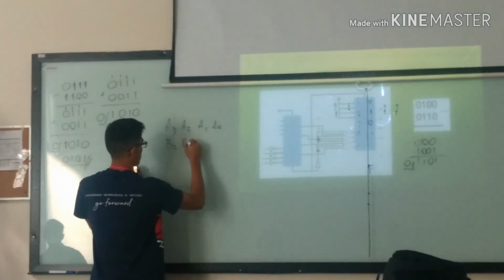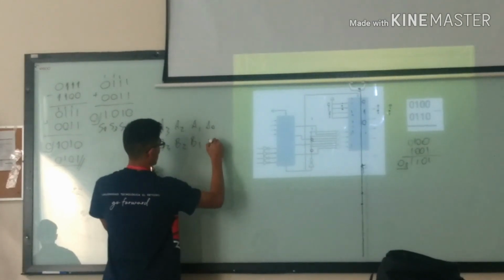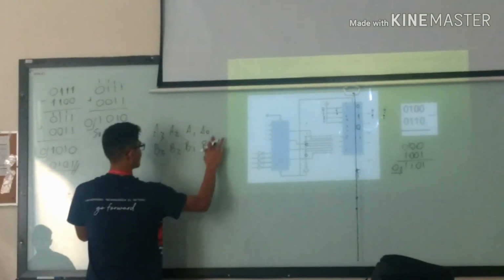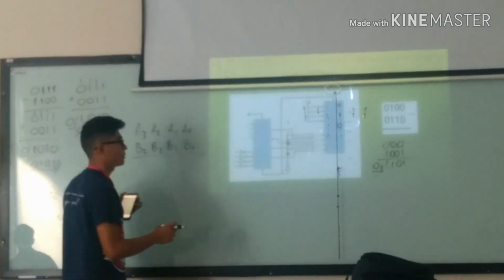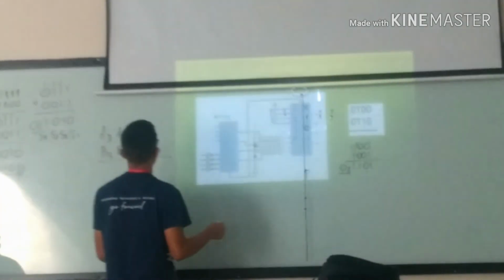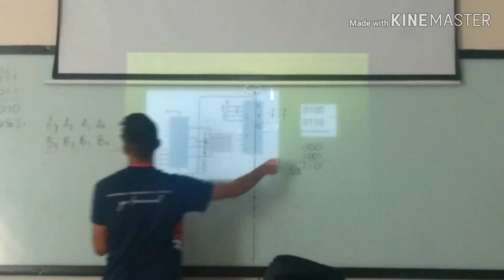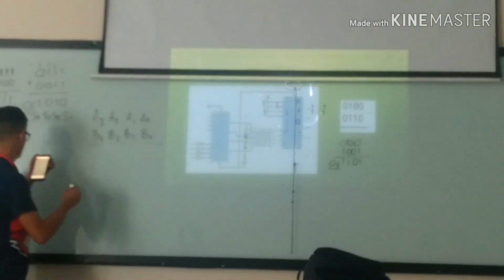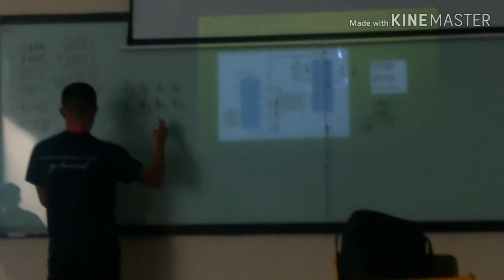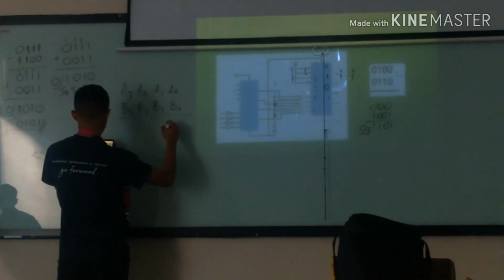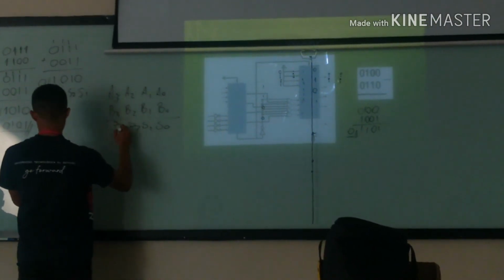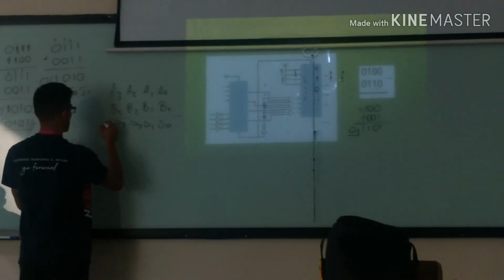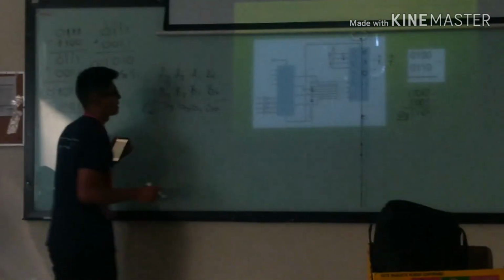B3, B2, B1, and B0. This is the order that we need to put for this. The output at the right will be S0, S1, S2, S3, and the carry that is 0.